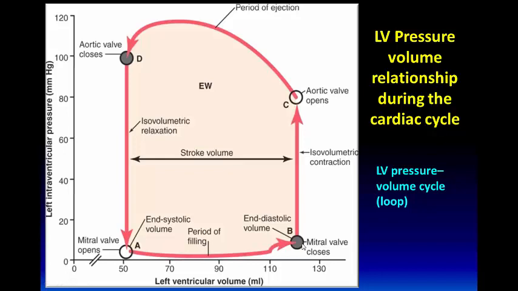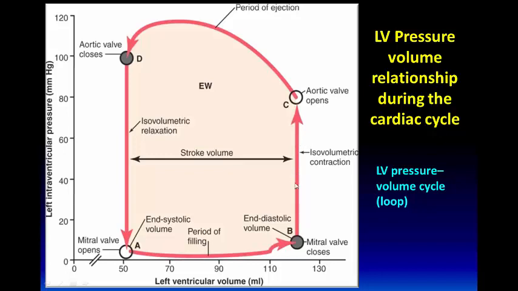So the moment the left ventricle begins to contract, it generates enough pressure to close the mitral valve. However, still the left ventricular pressure is not enough to open the aortic valve. So the mitral valve is closed and the aortic valve is still closed, and the left ventricle undergoes the isometric contraction phase of the cardiac cycle.